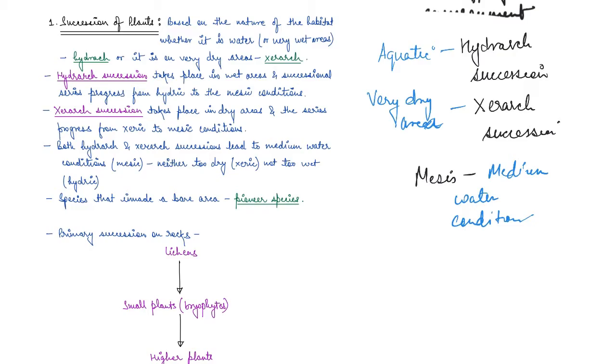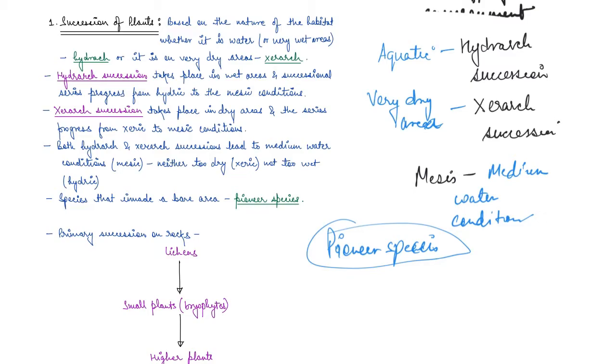Now, what happens first? The species that invade a bare area are known as pioneer species. So for primary succession on rocks, these are usually lichens, which are able to secrete acids, right? And they dissolve rock. It helps in weathering and soil formation.